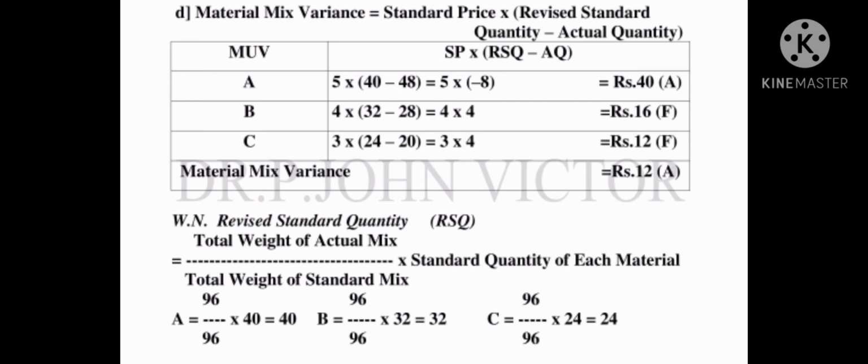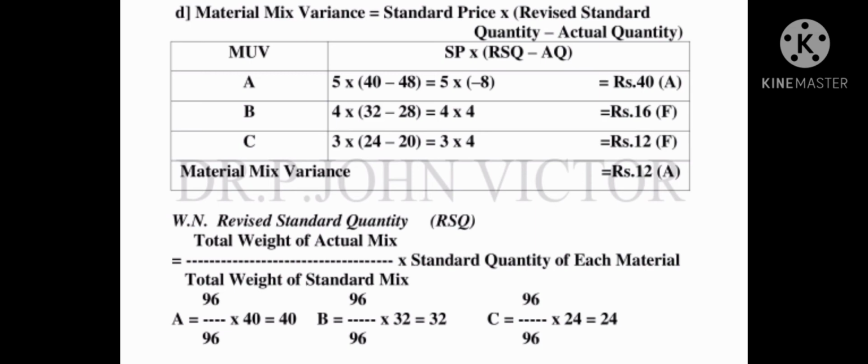Now you see this value, the revised standard quantity, for which we have to take the value. Where are we going to take it? Go to the table, products A, B, C, there are three. The standard price 5 for A into revised standard quantity, the below formula noted in this working note, is 40.